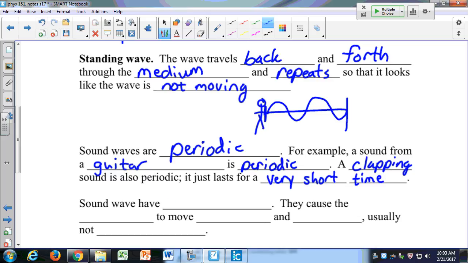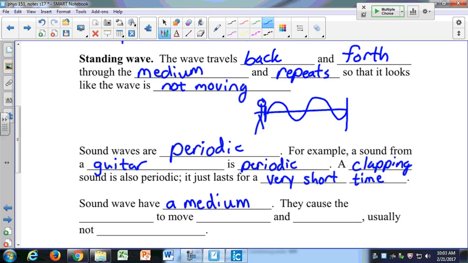Sound waves have a medium. We'll see that most waves, except for electromagnetic waves, have a medium. So for example, with the slinky, we had a wave traveling through the slinky, and the slinky was the medium. As for sound, though, the medium will be the air that we're in.